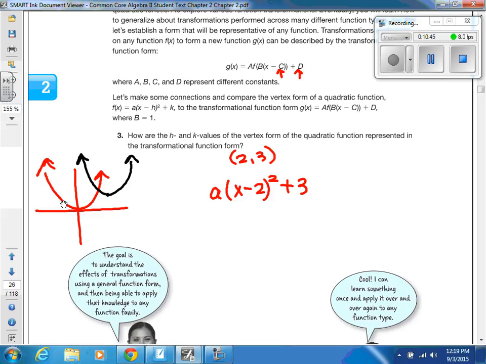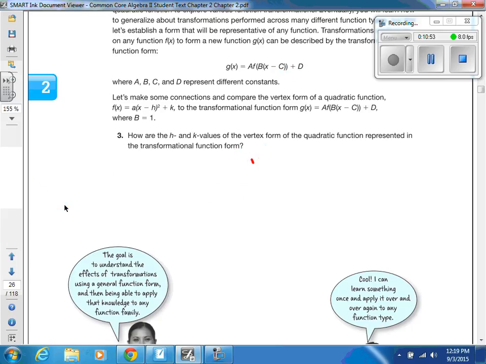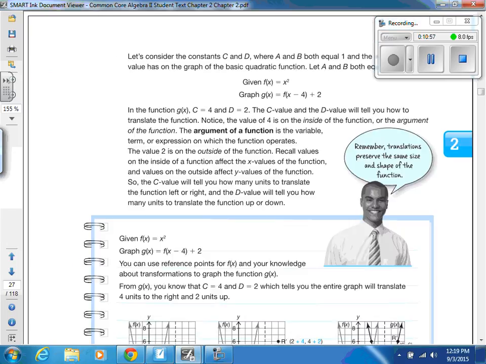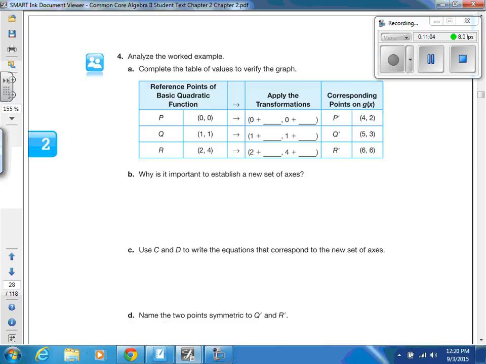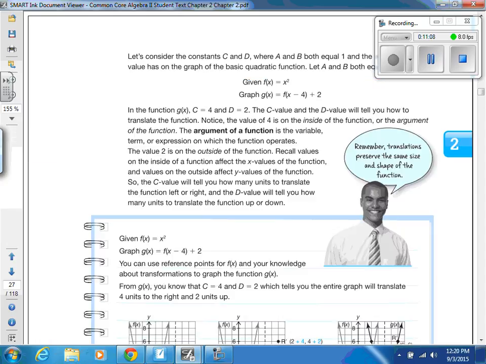Look at number 4 on the next page. Minus 4 plus 2, x minus 4 plus 2, that's what we were given.